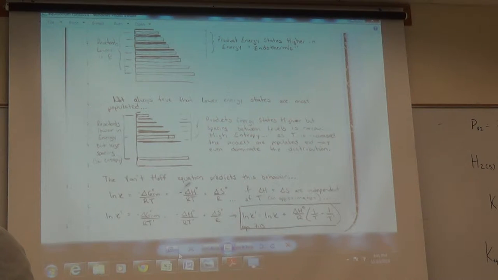Now I told you earlier that because we were looking at K expressions that were basically determined by whatever the standard pressure delta G of the reaction was, those Ks aren't going to be subject to changes in pressure, right? The K is going to be constant even if you do change the actual pressures that the reactions are occurring in.